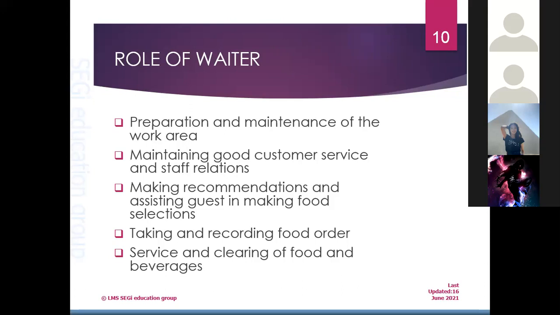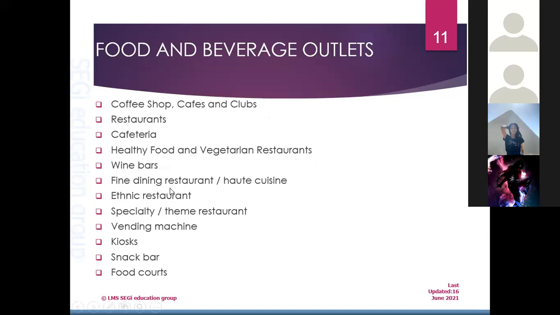The next one, okay. In this chapter 1, we will learn about different types of food outlets. Guys, I believe yesterday we discussed shortly about different kinds of food and beverage outlets.